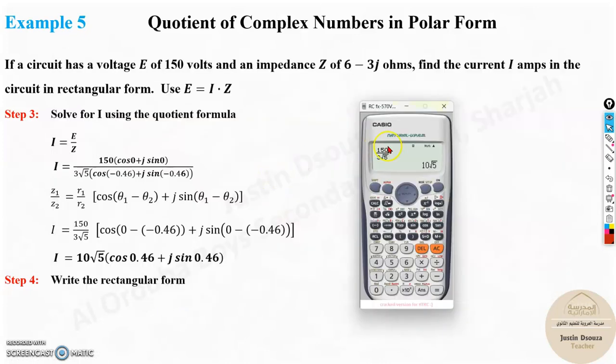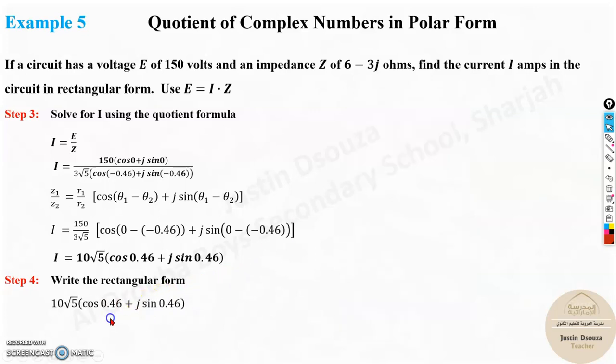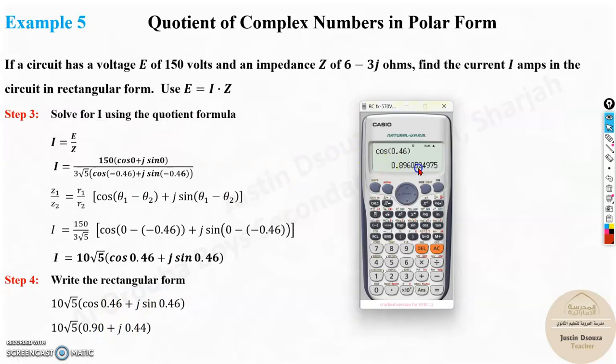So all you need to do is multiply this inside. First let's solve cos 0.46. Close the bracket. The answer is 0.89 over here. It's equivalent to 0.9. And what about sine? Change this to sine. You will get the answer of 0.44.